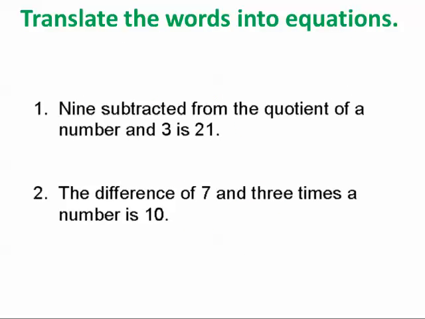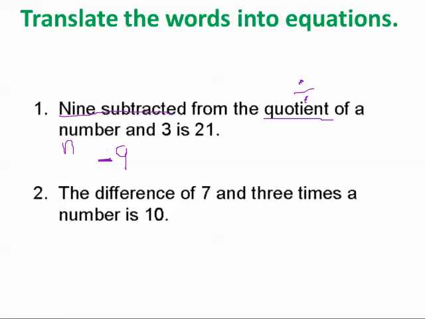Let's try a little bit more. 9 subtracted from the quotient, remember this word, of a number and 3 is 21. Read and write 9 subtracted. So I'm going to take 9 away. Take 9 away from what? From the quotient of a number and 3.